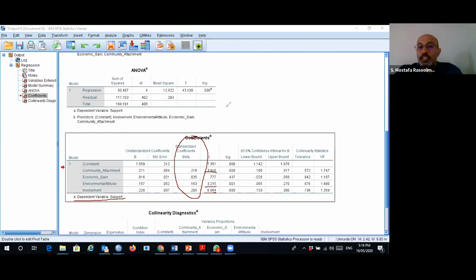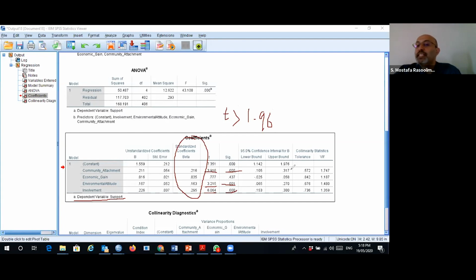And the p-value is lower than 0.05 for these three.